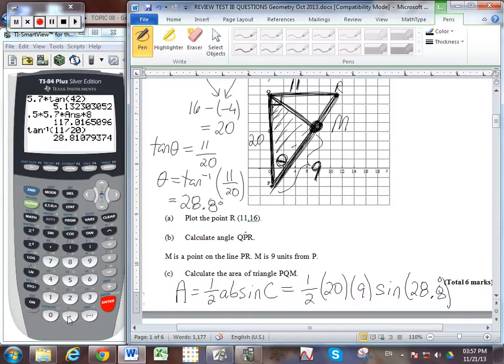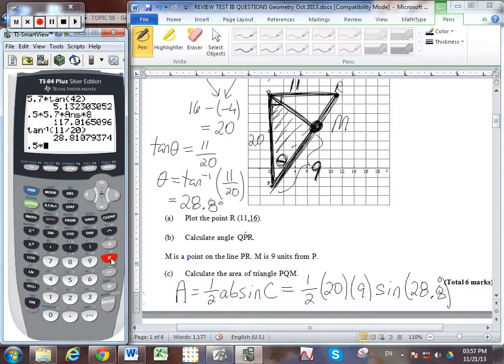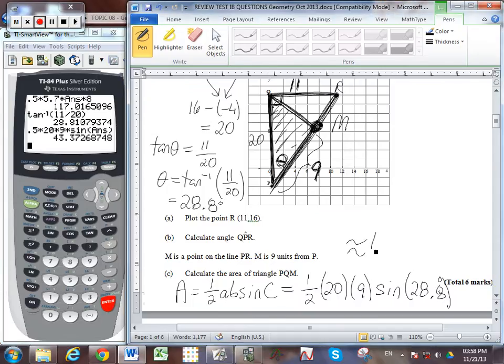So let's type this in, then 1/2 times 20 times, and it must be the angle in between the two sides, times the sine of, and let's just use the second negative, the answer that I had previously, because that's even more accurate, 28.81, etc. And I'll get 43.4 when I round to three significant figures. 43.4. I can't include any units because there are no units given in this question.